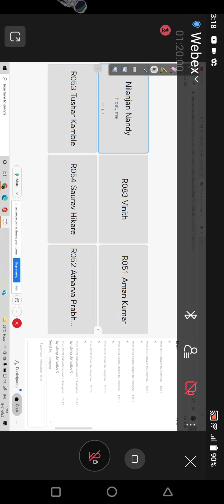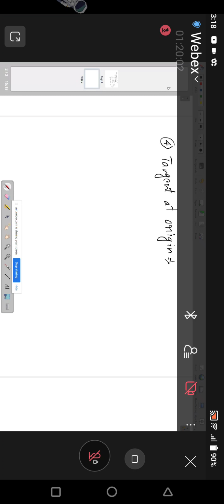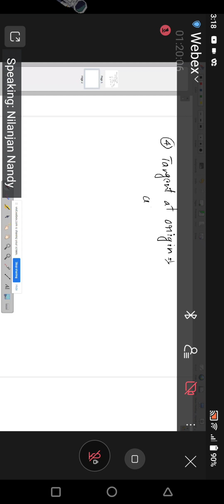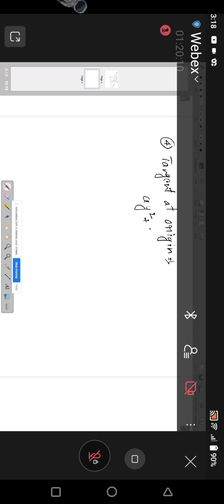I'll just show you here. How to find the tangent at the origin? I am writing the curve explicitly for you. This is the basic explicit format of the curve. So I am taking the lowest degree terms and equating them to 0. What is the lowest degree term here?